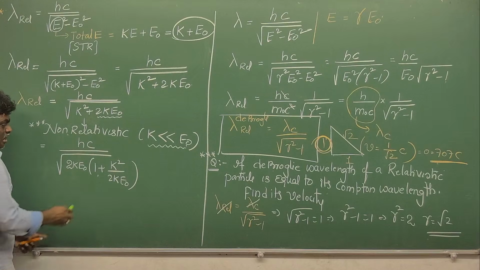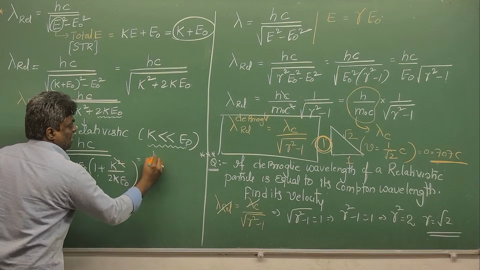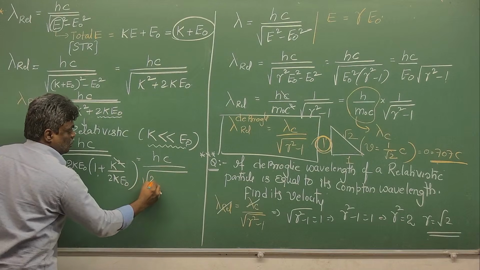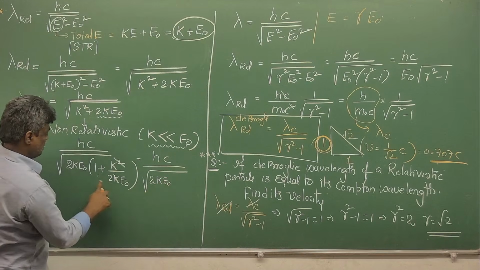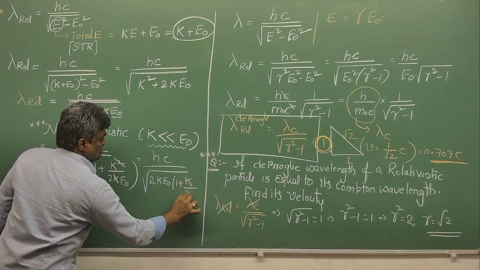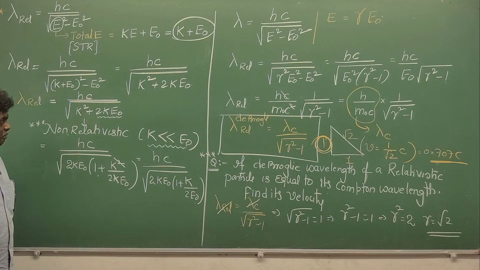Clear? Now K square and K get cancelled. Now hc over under root 2K E naught into 1 plus K by 2 E naught.